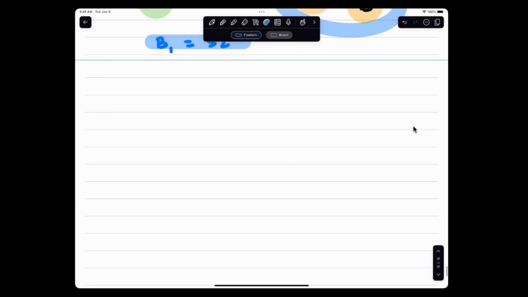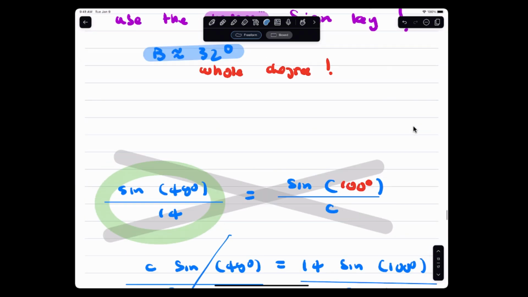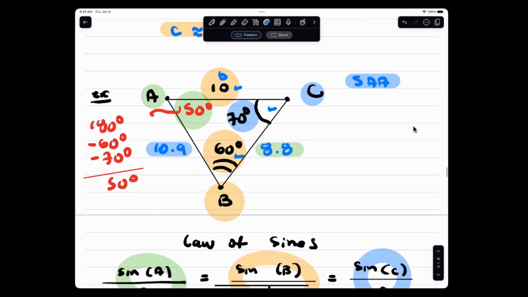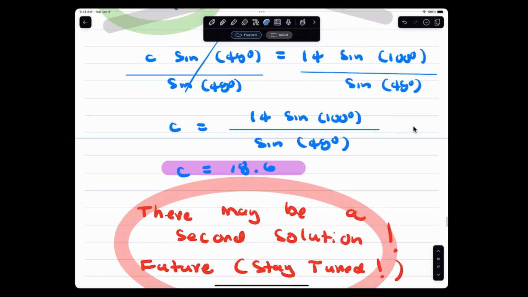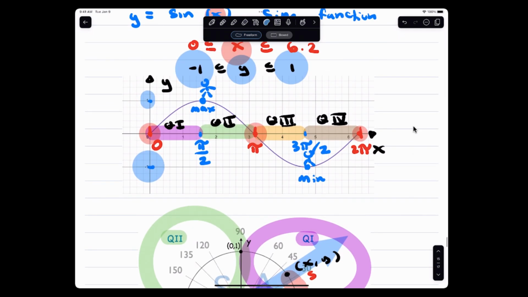Let's bring in that sine curve now and share with you guys what I'm talking about. Where's our sine curve? Should be here. I'm going to erase all this color. 32 degrees.